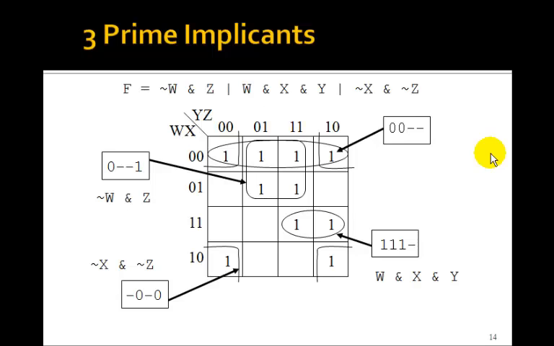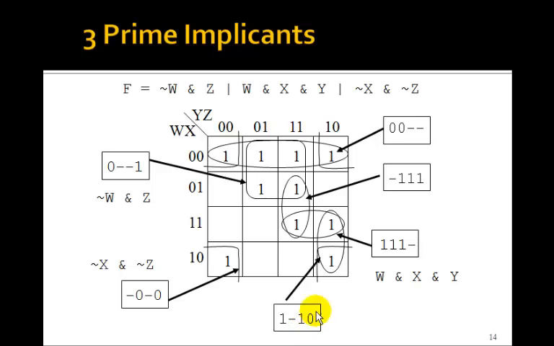You see any other ones? Yeah, this one was dash 111. And there's one more. You see it? Yeah, it's down here. This was 1-10. So here are the 6 prime implicants that our Quine-McCluskey method found, and it also found the essential ones.